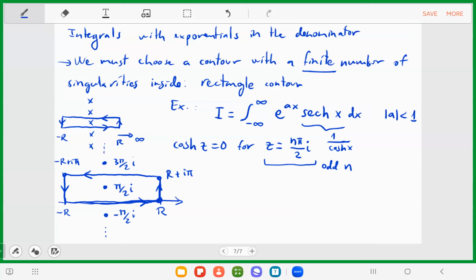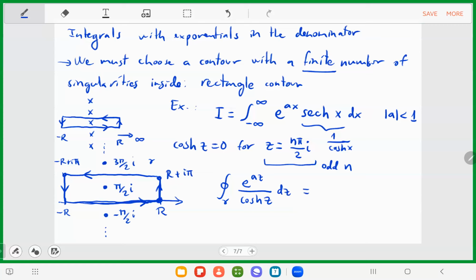the necessary choice. So here, if I call the total contour gamma, as usual, the contour integral of this exponential on the complex plane, instead of hyperbolic secant, let me write 1 divided by hyperbolic cosine of z. This will be the sum of 4 integrals.